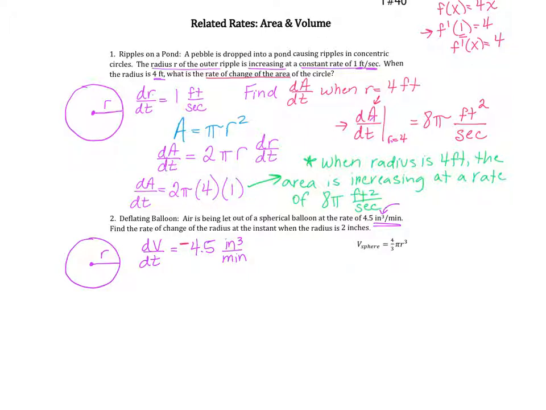You have to do that interpretation. So there's my given. Now I got to do my find when statement. Find the rate of change of the radius. Find dr dt when r equals 2 inches.